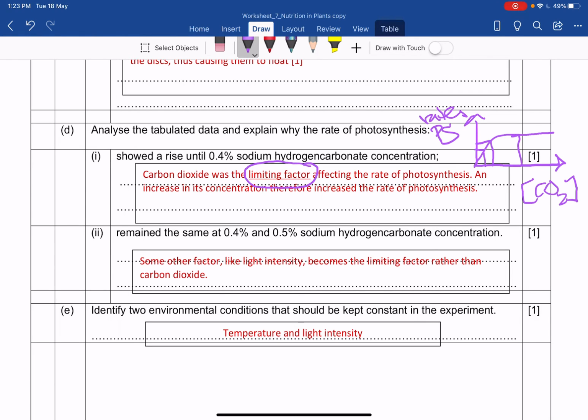But when the concentration is very, very high already, the rate of photosynthesis doesn't depend on the concentration of carbon dioxide gas, but on other factors like light intensity and temperature, so environmental conditions. These will be the only acceptable answers.